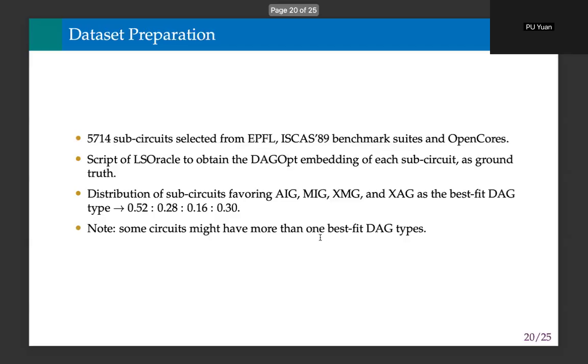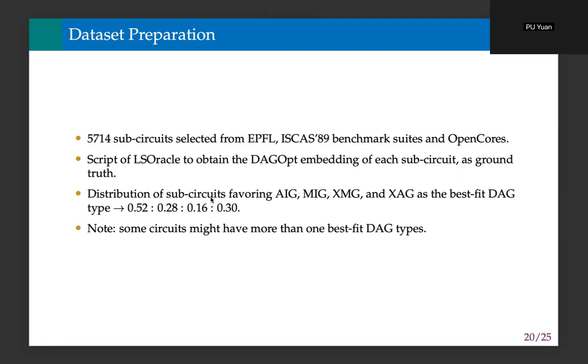And this is the experimental part. First, for the dataset preparation, we prepared over 5,000 subcircuits for training and testing. And we used the LS Oracle script to obtain the DAG-OPT embedding for these subcircuits as the ground truth for GNN training.